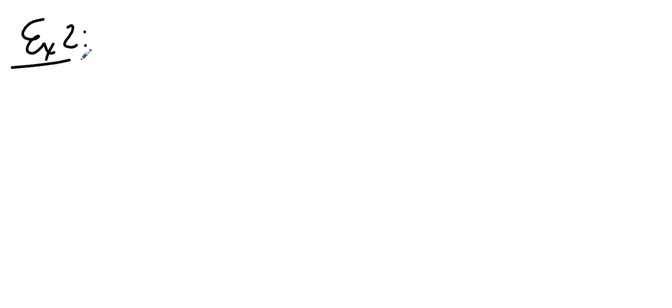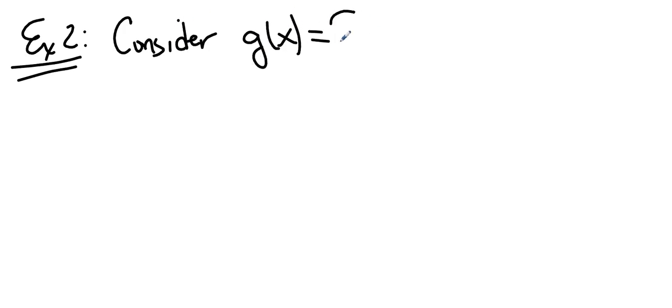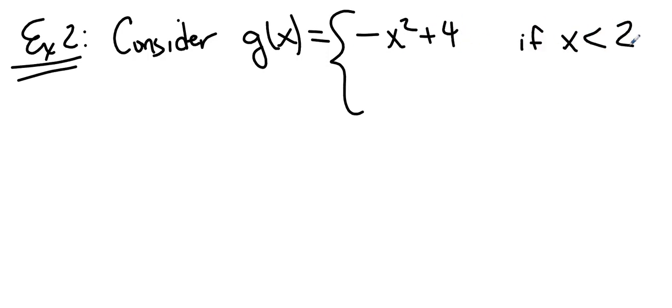Consider g of x, where g of x is a piecewise defined function. It's negative x squared plus 4 if x is less than 2, and it's 3x minus 1 if x is greater than or equal to 2.